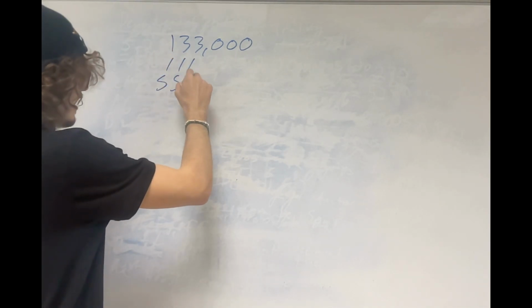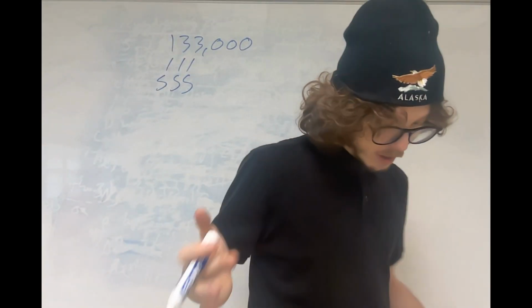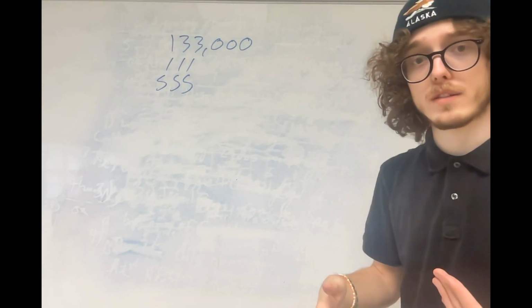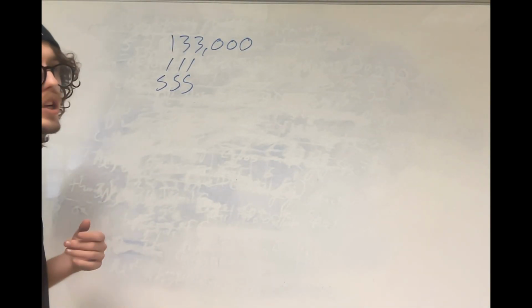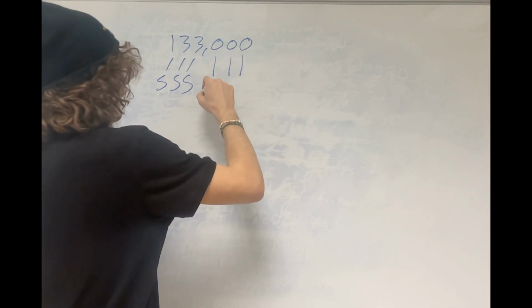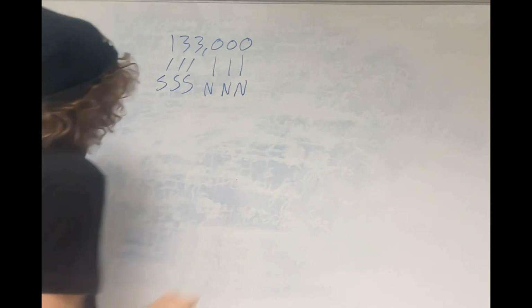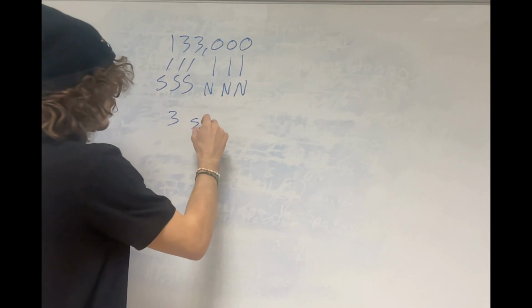I'll denote that S. Are trailing zeros significant? Well, if there's a decimal point, there is. Is there a decimal point here that I explicitly showed? The answer would be no. So I'm going to write N for these, for no. So the overall number of significant figures is 3 sig figs.